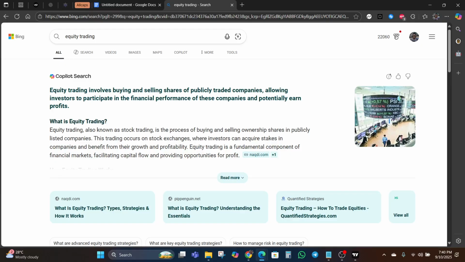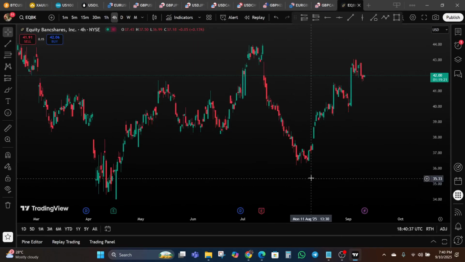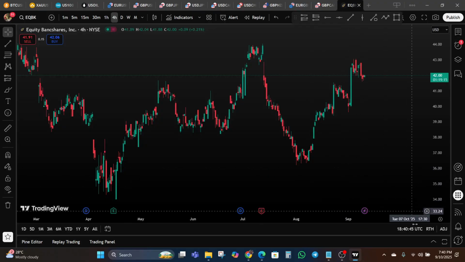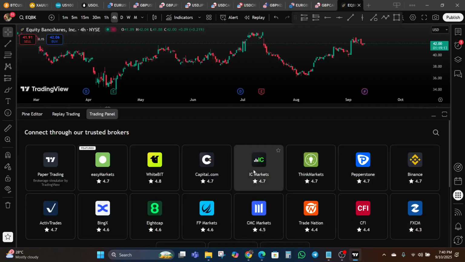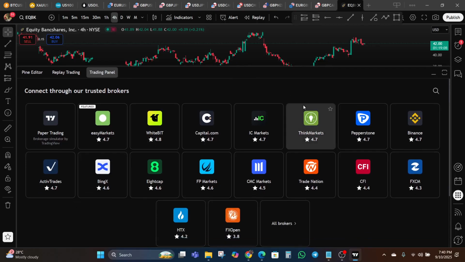The next step is choosing the right broker. If you want to trade equities, at least you should have the right broker. A broker provides access to the stock market, a trading platform, and the tools needed to analyze equities.